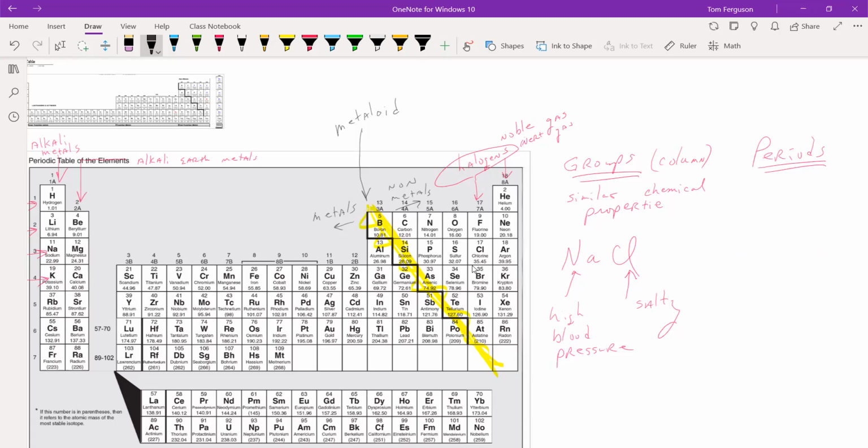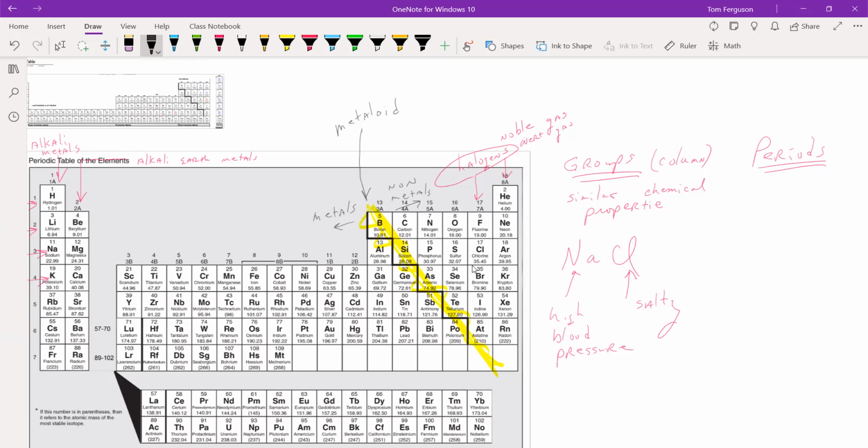The metalloids are very interesting elements, and they lie on either side of the squiggly black line. Depending on what book you're looking at, they list them differently. But basically what I want you to know is that this line is a demarcation between metals and non-metals.